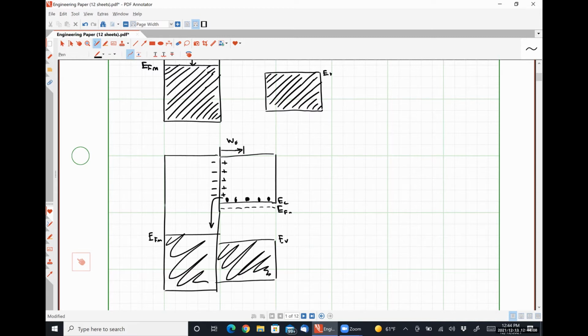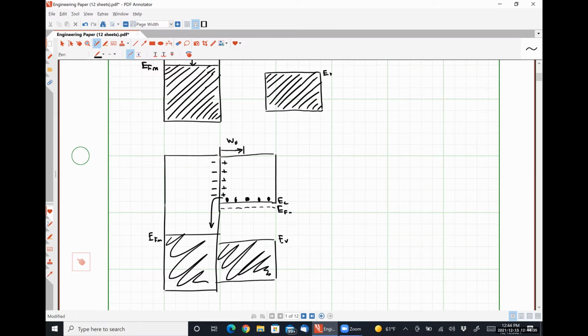So as these electrons from the conduction band of the semiconductor material move over to the metal, we start seeing more and more positive charge accumulated on the semiconductor side of the junction, more and more negative charge accumulating on the metal side of the junction.